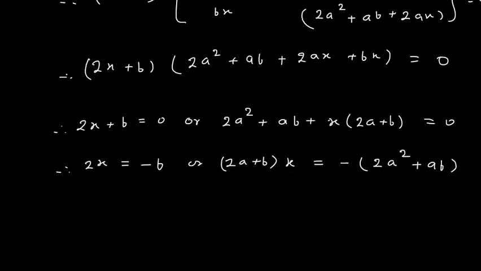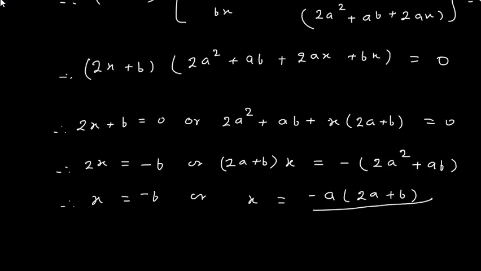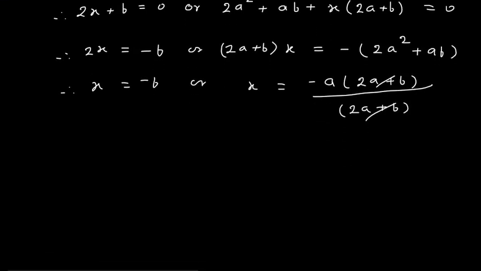If you take a common, you get a into (2a plus b). So therefore either x is equal to minus b or x is equal to minus a, taking minus a common, into (2a plus b) divided by (2a plus b). So this 2a plus b and 2a plus b will cancel, and therefore we have x is equal to minus b or x is equal to minus a.